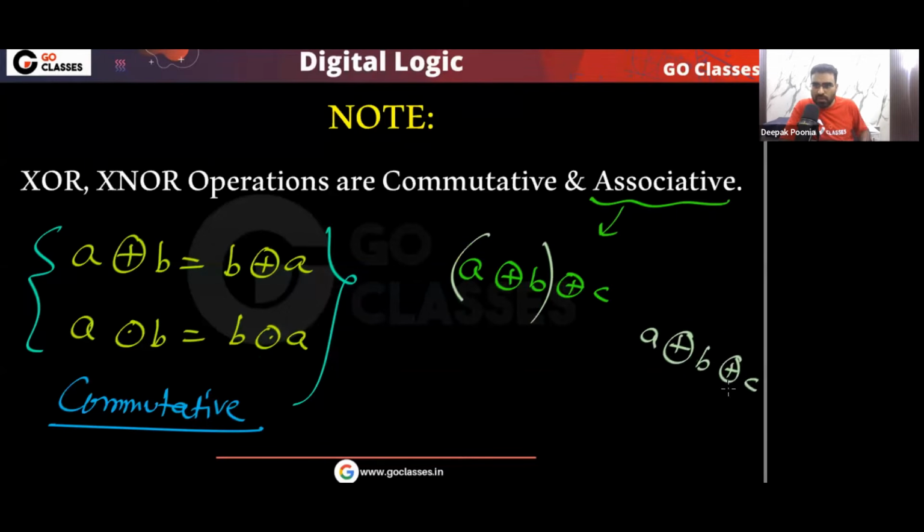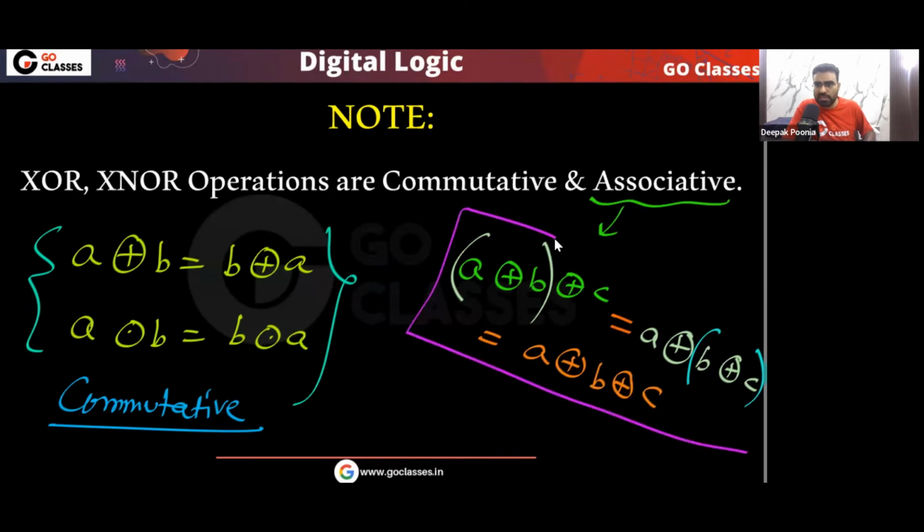If you do the second XOR first or the first XOR first, then both are basically the same. This is called the associative property. Or in simple words, you can simply write A XOR B XOR C directly. So remember, these three expressions are basically the same.